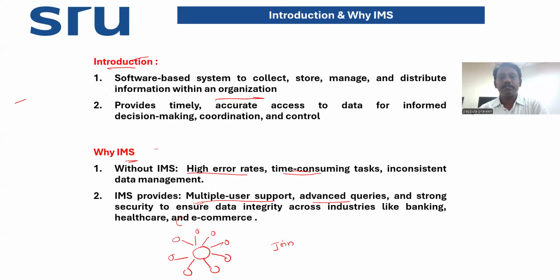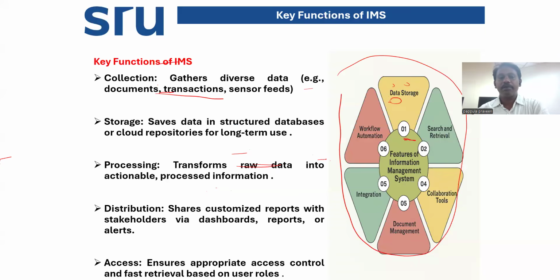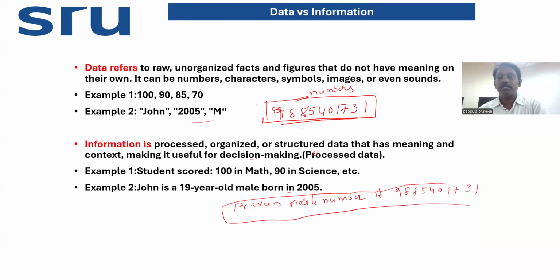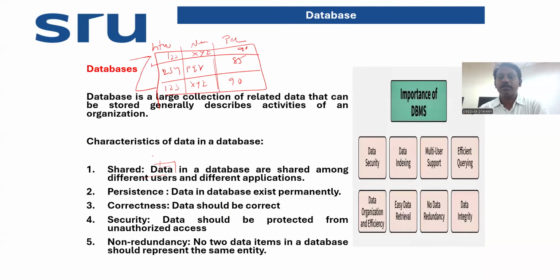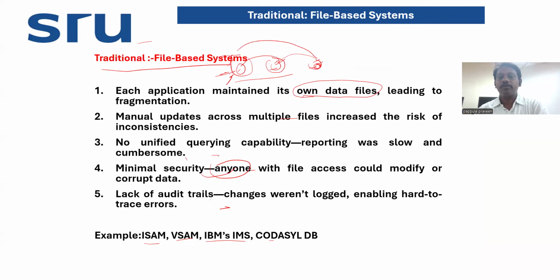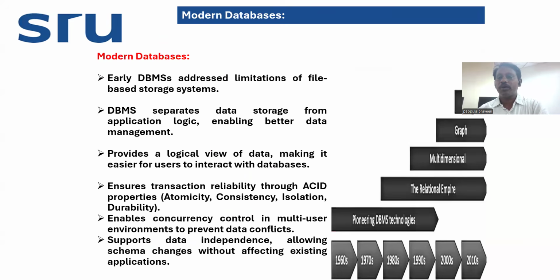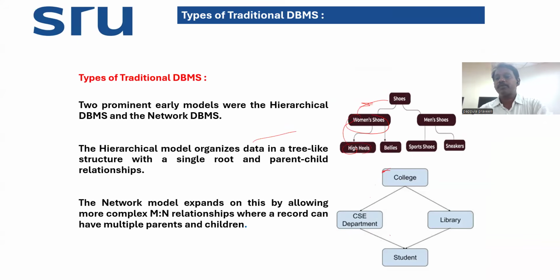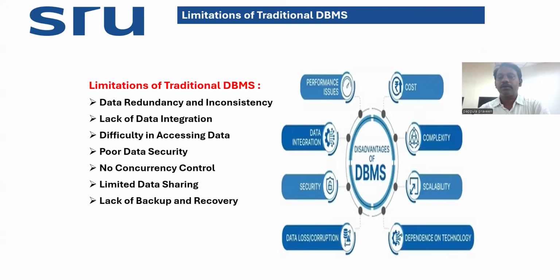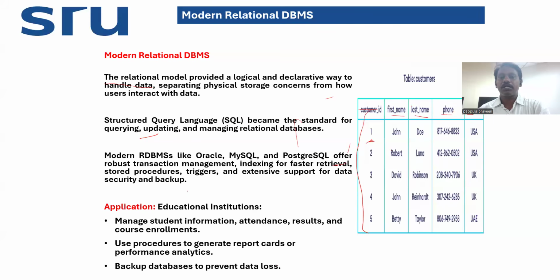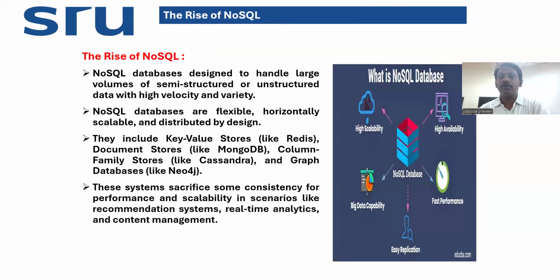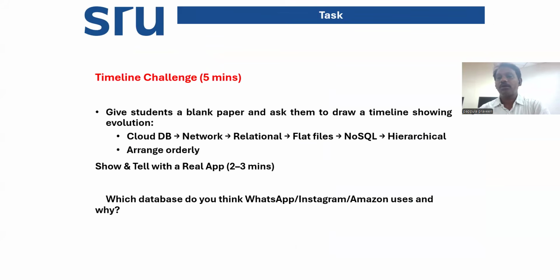First we completed the introduction, why DBMS, and key features of DBMS, and data, what is data, what is information, differences between data and information, and databases, what is a database, and what are the characteristics of the database, and what is the file based system, like traditional, and what is the modern databases we discussed, and types of traditional databases, two types, one is hierarchical and another one is network, and what are the limitations or disadvantages of traditional databases, and coming to modern relational databases, what is the advantage and what is NoSQL, and now a small task.